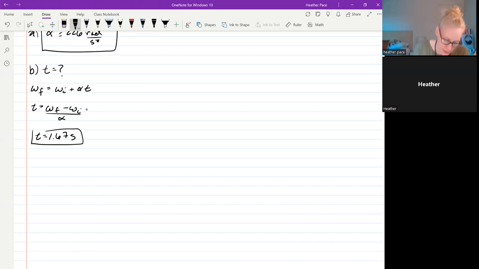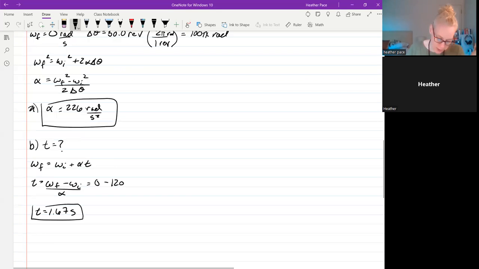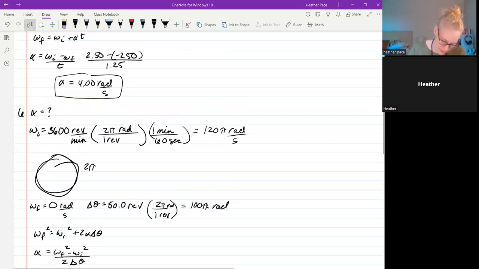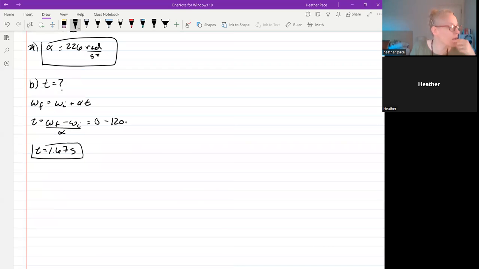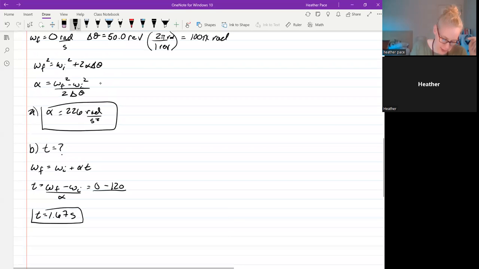So let me do this here just to show it. Our omega F is 0 because it stops at rest. Up here we got 120 pi radians per second, and our alpha, when we plugged in everything, came to 72 pi radians per second squared.